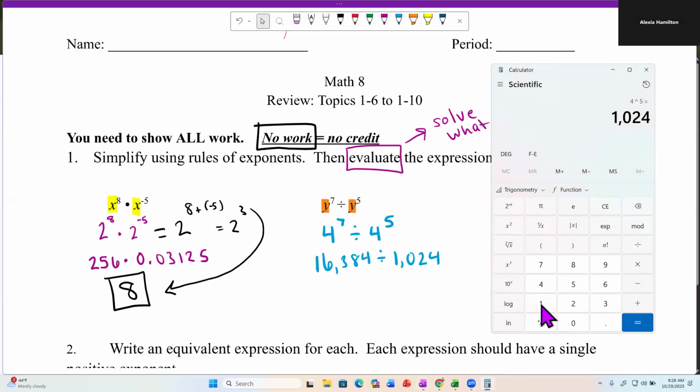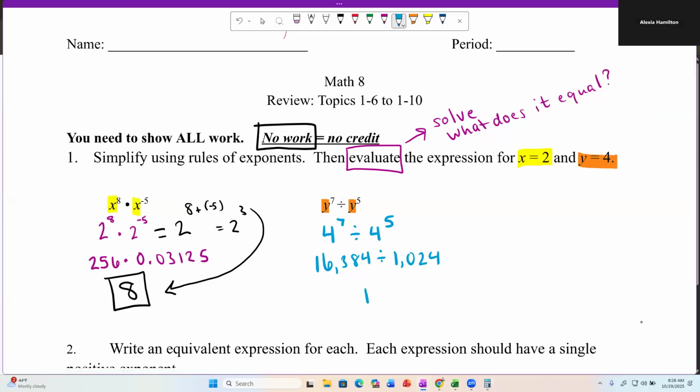So this one I do have to, because order matters with division. 16,384 divided by 1,024, and I get 16 as my answer. Okay. Another way I could have gotten that has been like, oh, I'm dividing.